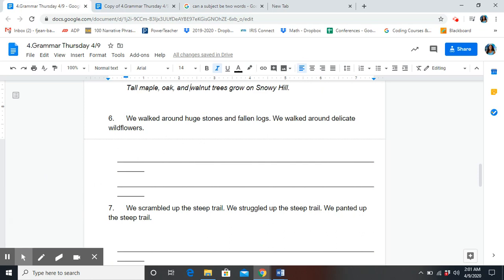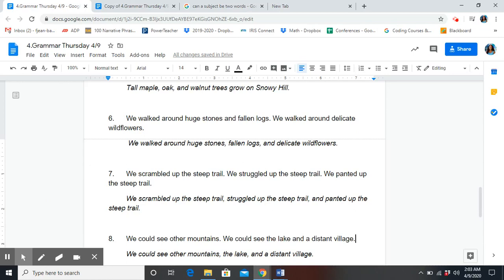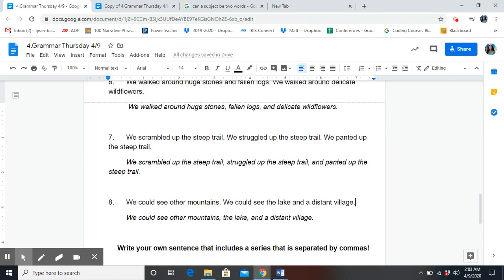What are the words or items in the sentence that are describing the wildflowers? Take a moment to check the rest of your work, revise any mistakes that you've made. If you're still confused, make sure that you reach out to your teachers and ask any clarifying questions.